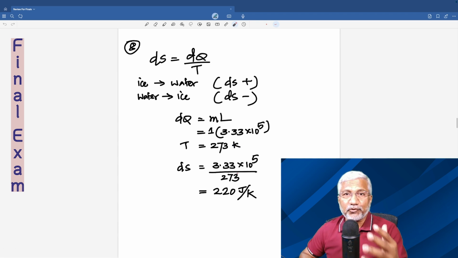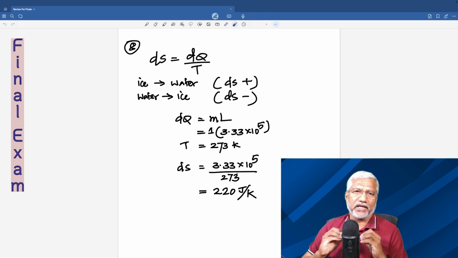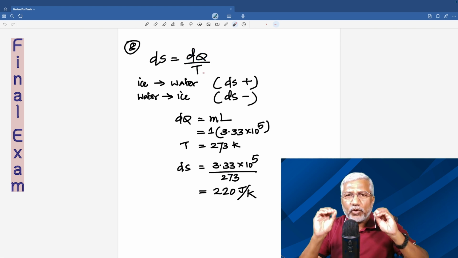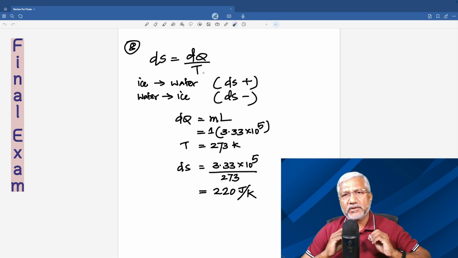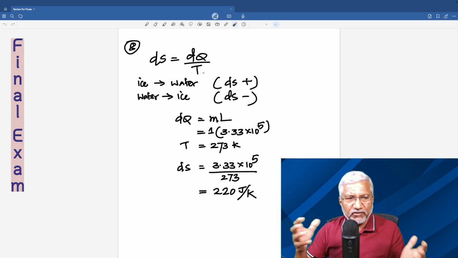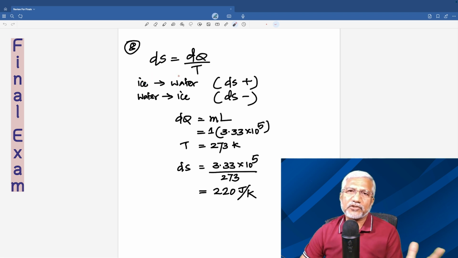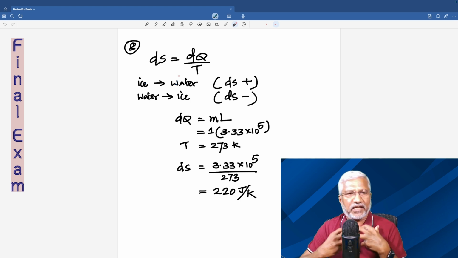Now, entropy. You only have to learn a simple formula about entropy, and that is change in entropy is heat entering or leaving the system divided by the temperature. And there is one specific case that you have to know. That is change of phase, like melting of ice into water or freezing of water into ice. Now, when ice changes into water, when it melts, it has to get heat. So it takes in the heat.